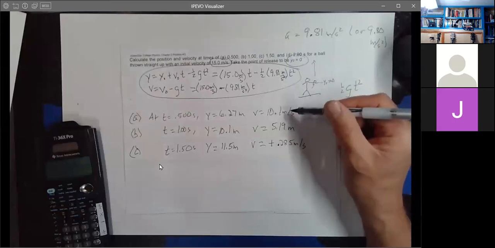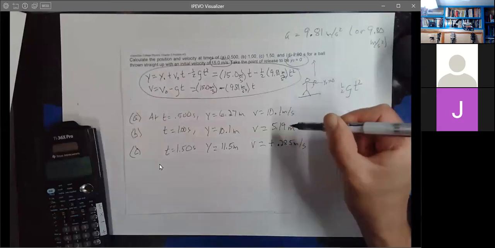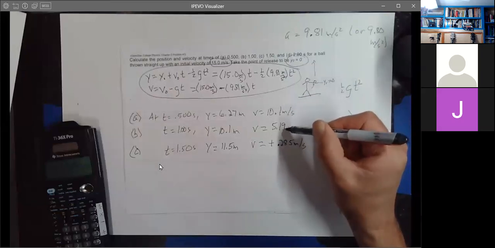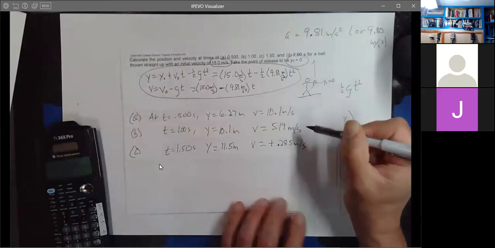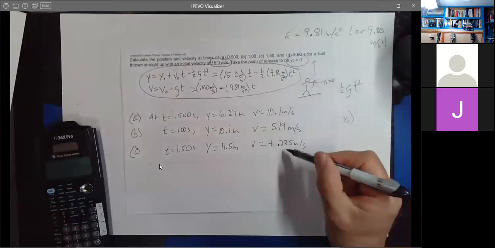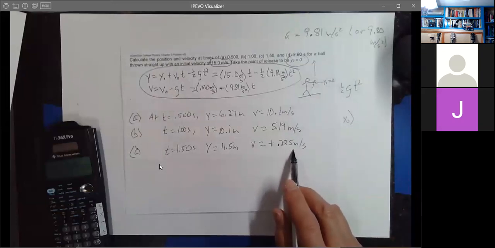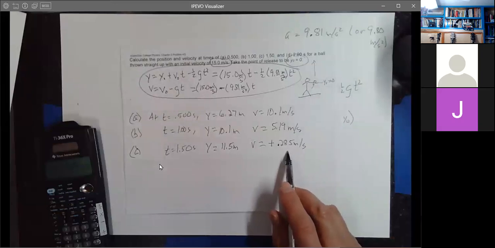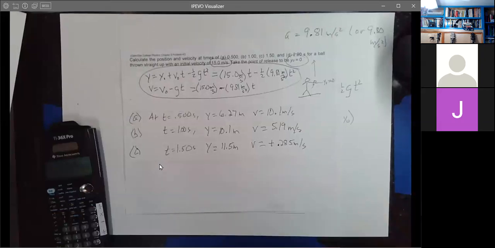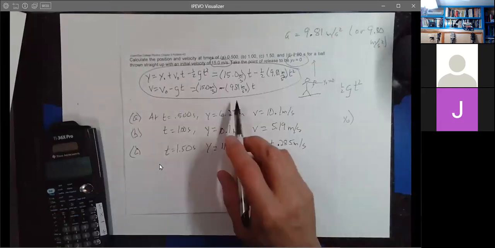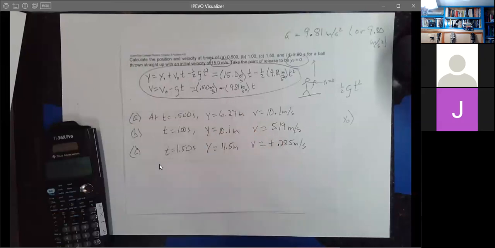Something to notice. At half a second, it was still going upward at 10.1 meters per second. Half a second after that, at 1 second, it was only going upward at 5.19 meters per second, if I have the units correct. And then half a second after that, it's only going up at 0.285 meters per second. It's actually losing 9.81 meters per second every second that goes on, but every half second that goes on, it's losing 4.9 meters per second.